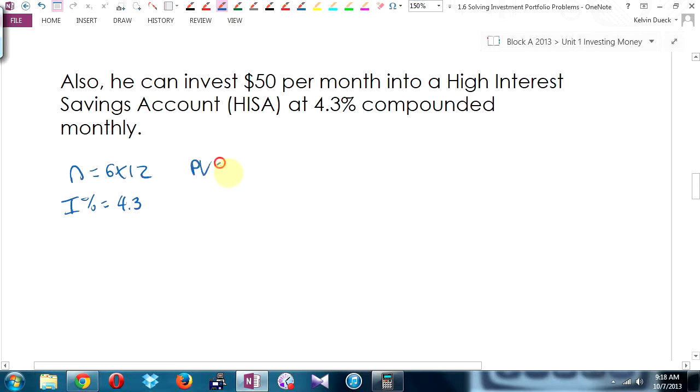The present value is, well, he's starting out with 0. But he's putting in a payment of $50 every month. The final value equals don't know. But the payments per year is 12, and the compound periods per year is 12.